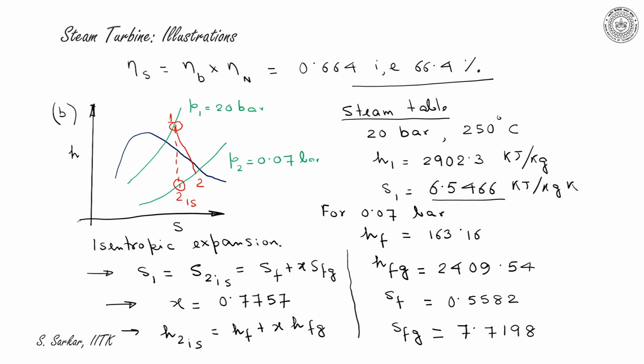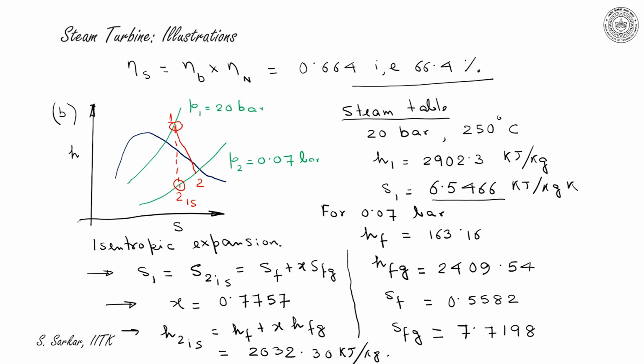And I have got this, please check the calculation. I have got 2032.30 kilojoule per kg.